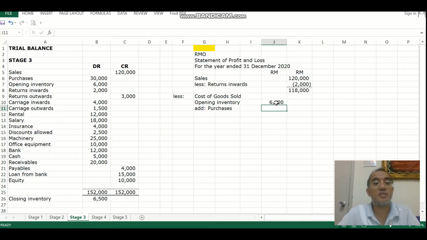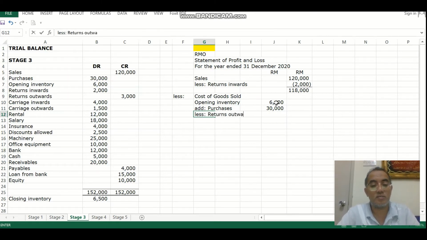Our purchases is 30,000 minus returns outwards, the things that we return back to our supplier because we don't need them, or maybe wrong specification of goods, so we take them out from our warehouse. So we have to minus from our purchases. It's not really our purchases. Return outwards 3,000. I put minus there, because it is less, so I have to put it in brackets.